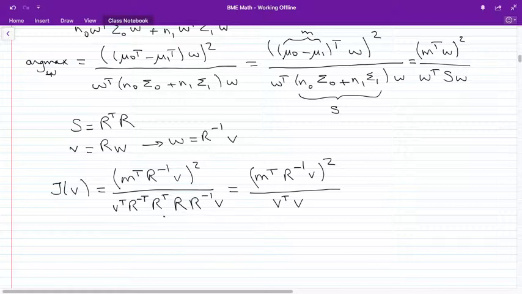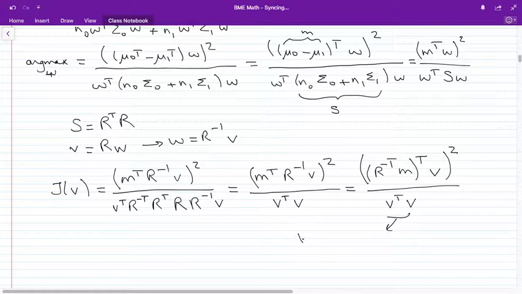Okay, so this I can further simplify. This quantity here, M transpose R minus 1, I can write it as R minus 1 transpose M quantity transpose V quantity squared divided by V transpose V. And of course V transpose V, what is this?